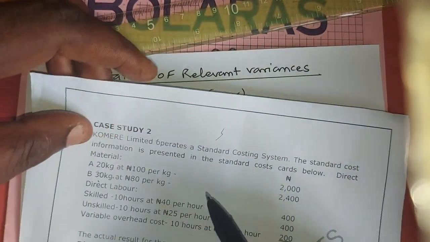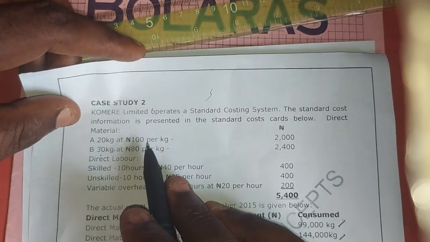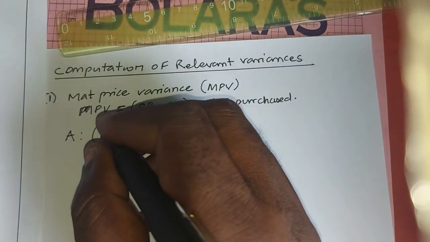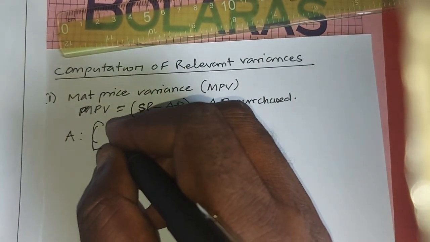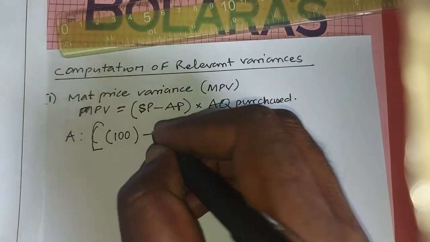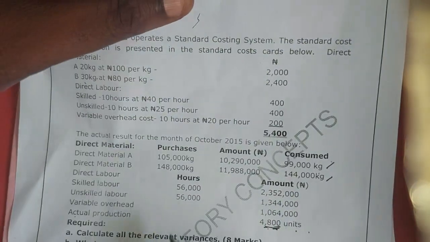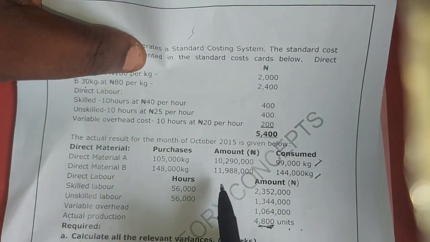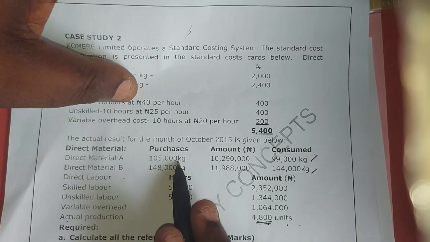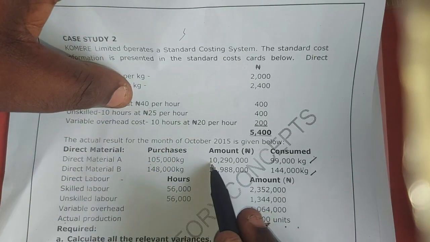So our standard price is 100. All right, open a very big bracket, open a small bracket, we have 100 minus, open a very small bracket, the actual price of material A is 104.50. Okay, and this is the amount.